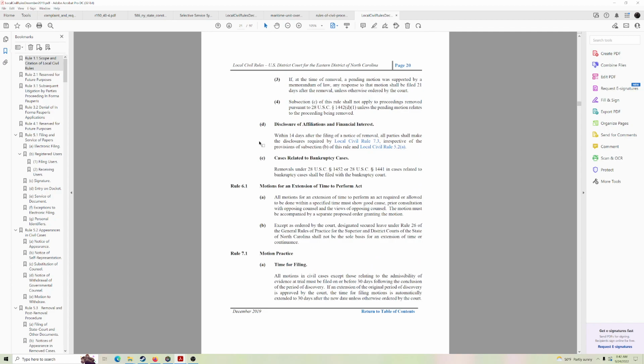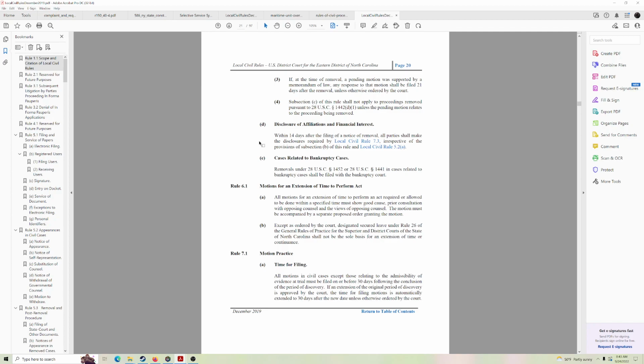3. If at the time of removal a pending motion was supported by a memorandum of law, any response to that motion shall be filed 21 days after the removal unless otherwise ordered by the court. 4. Subsection C of this rule shall not apply to proceedings removed pursuant to 28 U.S. Code subsection 1442(d)(1) unless the pending motion relates to the proceeding being removed.